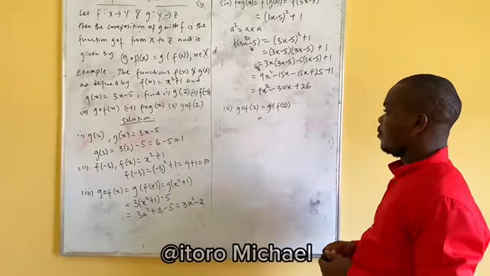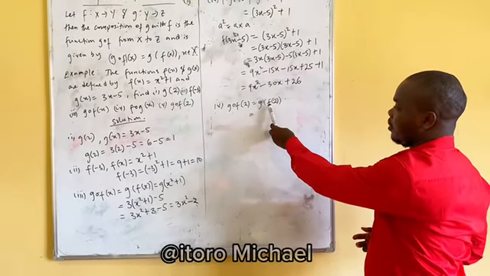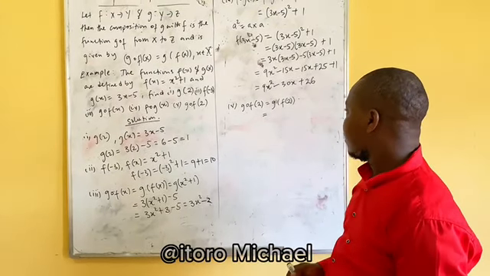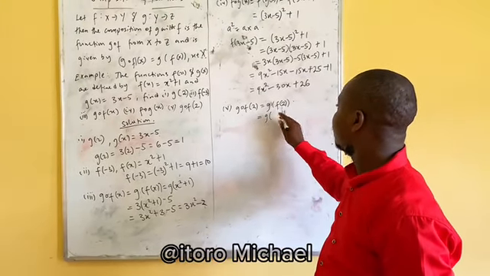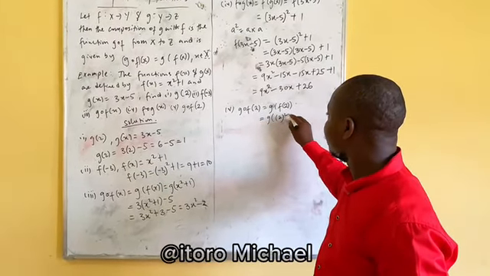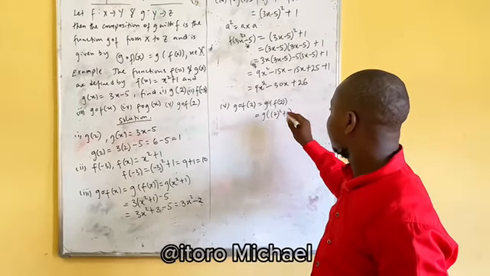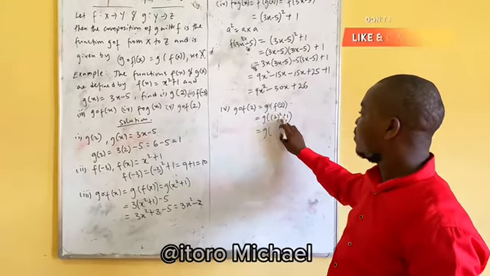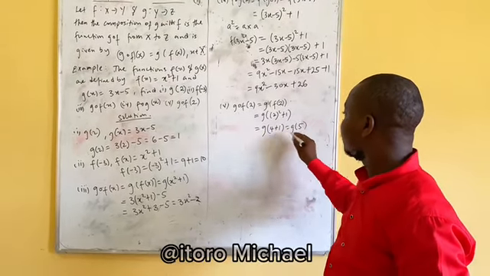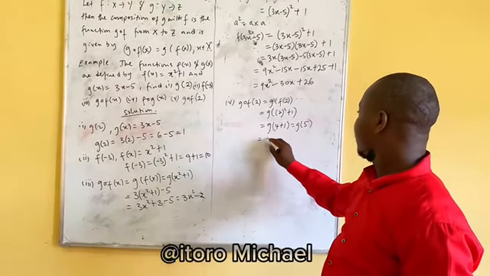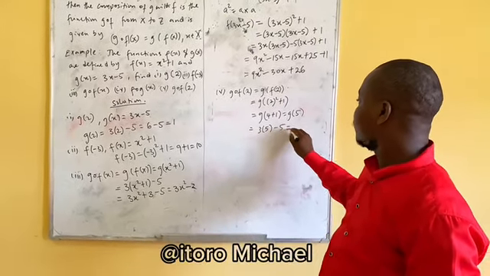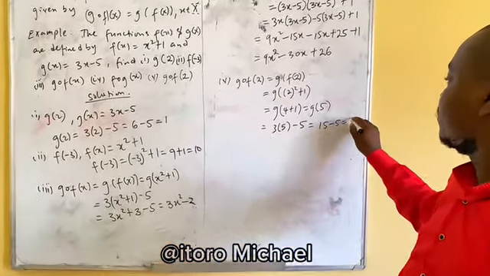Now our f of x here is x squared plus 1, so f of 2 gives us 2 squared plus 1. 2 squared is 4, plus 1, that will be g of 5. Same thing as 3 into 5 minus 5. 15 minus 5, and that is 10.